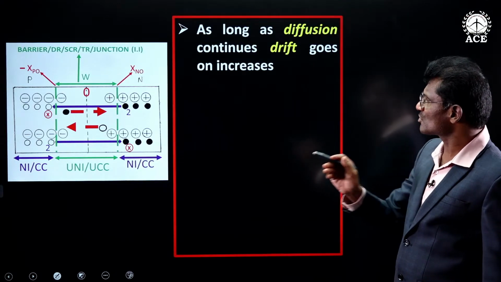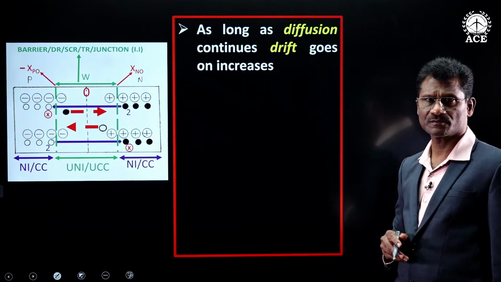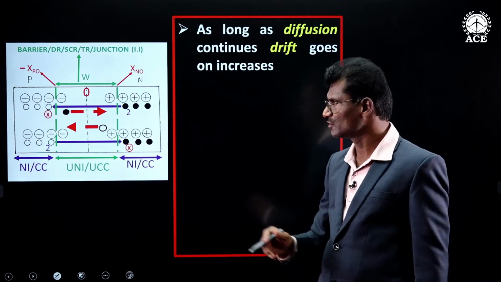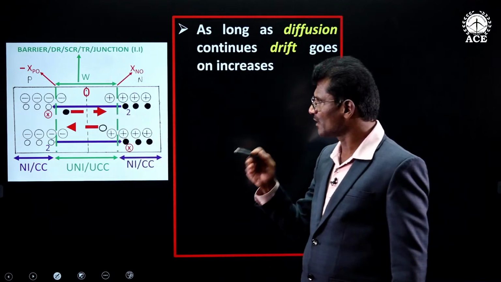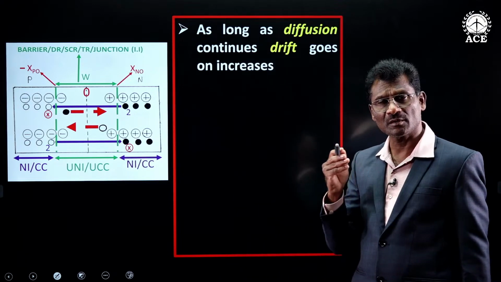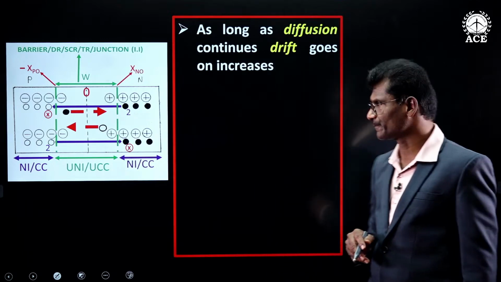Now, as long as diffusion continues, drift goes on increasing. Let us see the meaning. If diffusion continues, electron hole pair recombination occurs and positive and negative ions get created at the center which attract minority carriers and give rise to drift current.